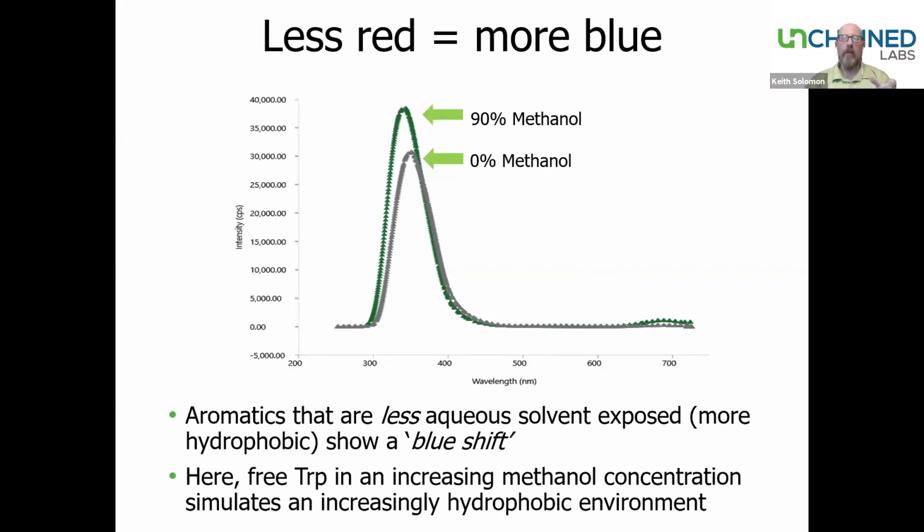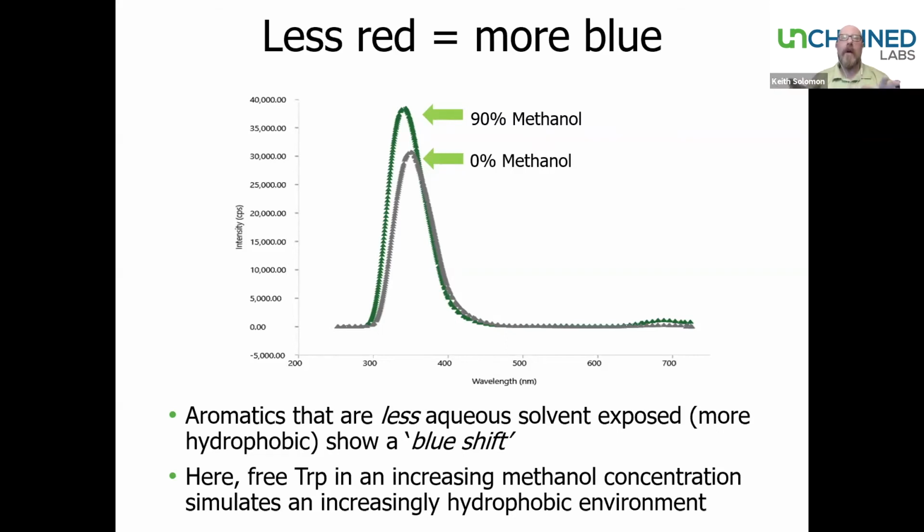As you can see, when the tryptophan is in the more hydrophilic environment, it has a profile that is to the red side of the spectrum, versus when that amino acid is in 90% methanol, which creates a more hydrophobic environment and causes that tryptophan emission to shift to the left, to more of a blue shift.